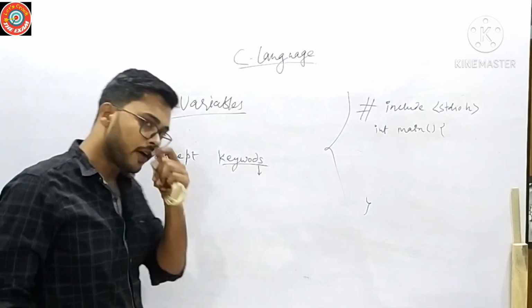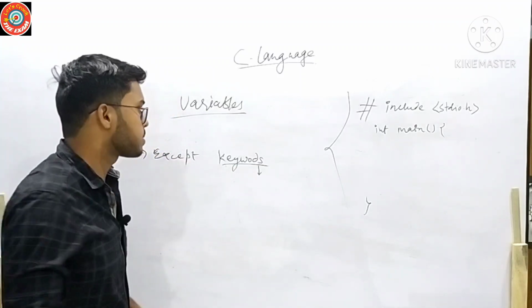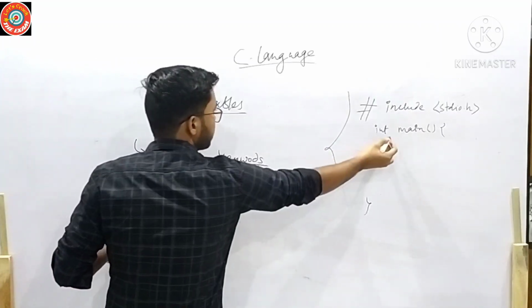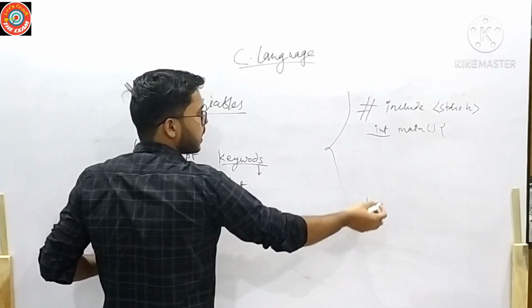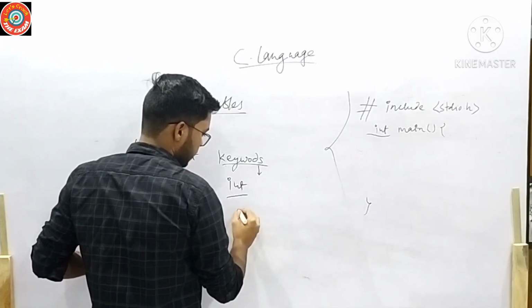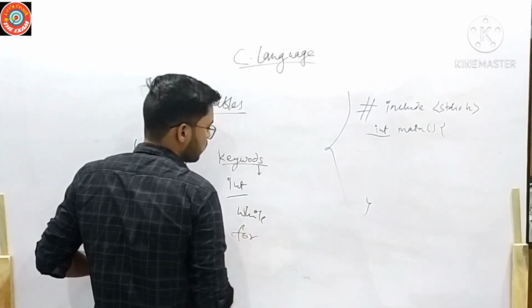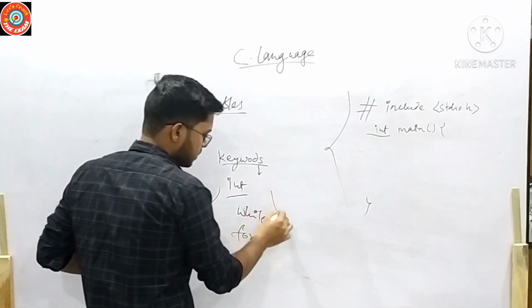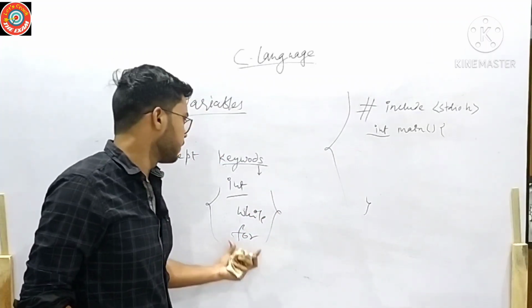Keywords are predefined words in C language that have some meanings. For example, we use here int and while, for. So these are the keywords that have a special meaning in C language.